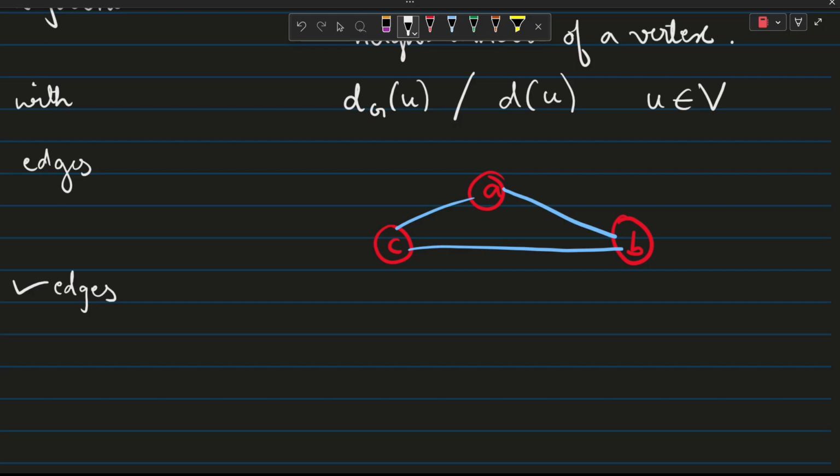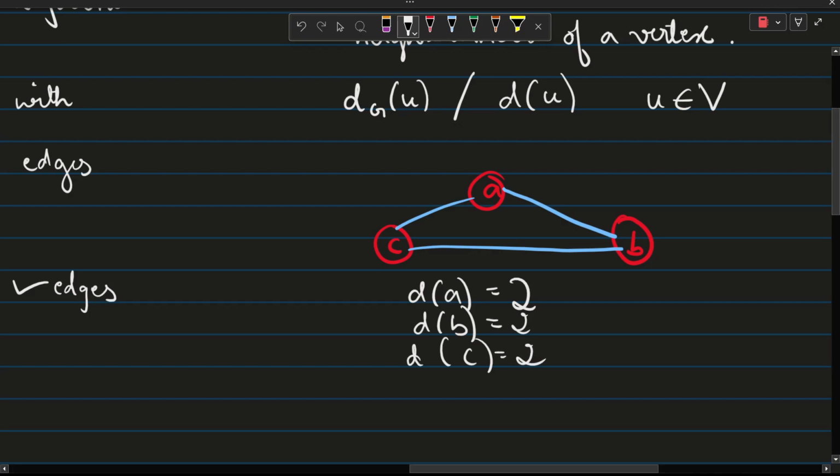Degree of A, number of its neighbors, it's C and B, so it's 2. Similarly for B, it's A and C, so it's 2. Degree of C, neighbors of C, it's A and B, so it's again 2.